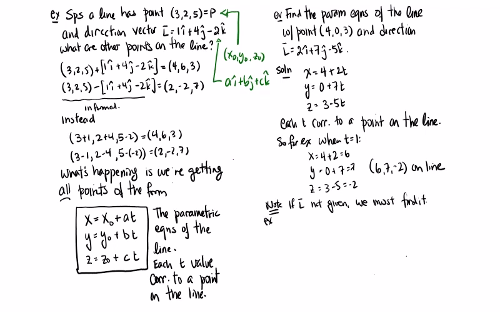So for example, if we said find the parametric equations of the line. Let's go back to basics and say connecting 2 points, say 1, 4, 3, and 2, 5, 10.